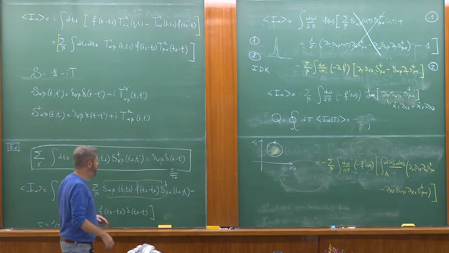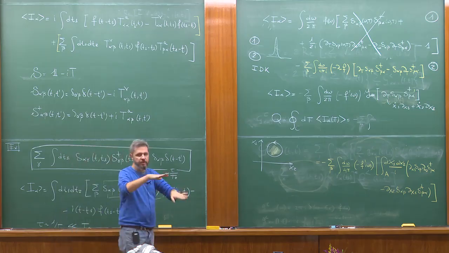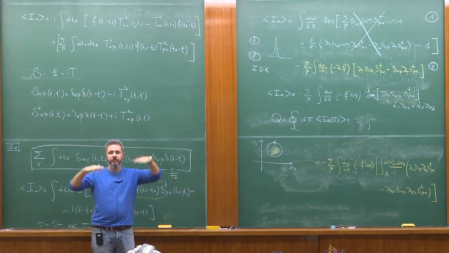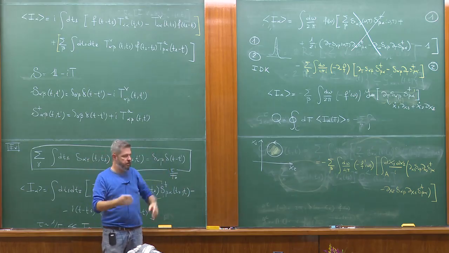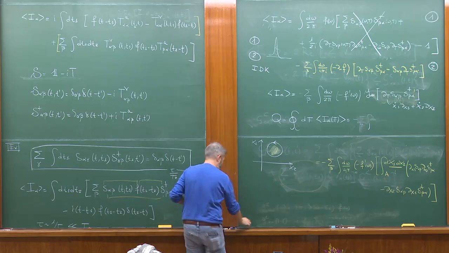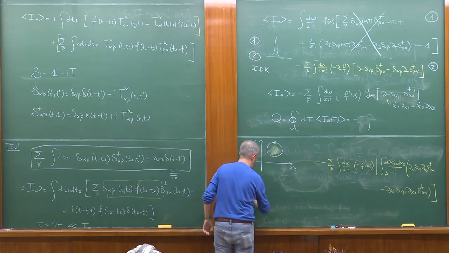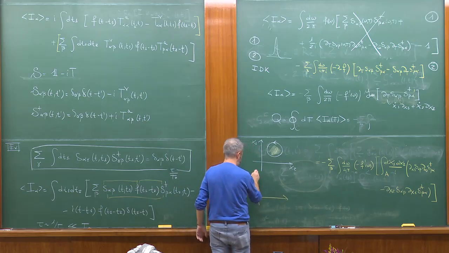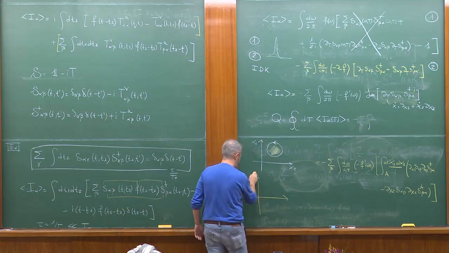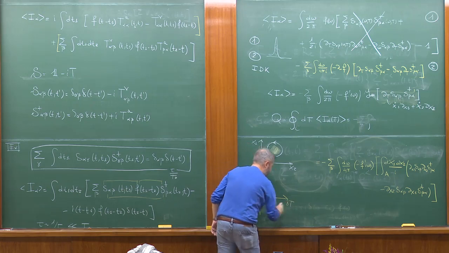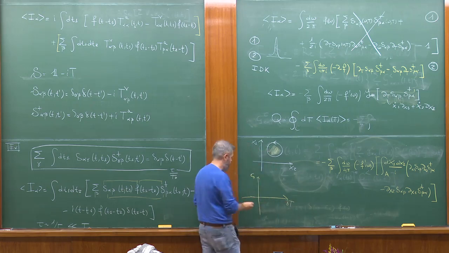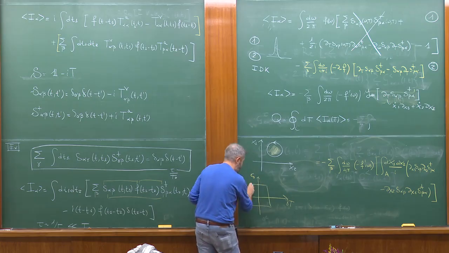Well, physically it could be, for example, that you have a resonant level and you have the difference between the couplings to the left and to the right. Imagine you have the position of your level, epsilon naught, and then you have delta gamma, which is gamma left minus gamma right, and then perhaps you want to do something like this.